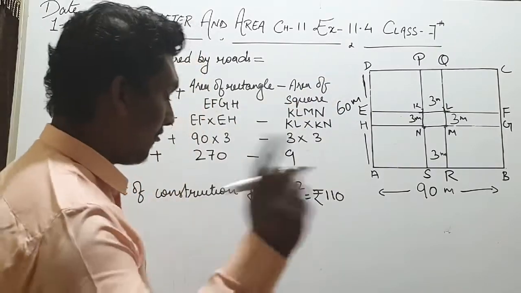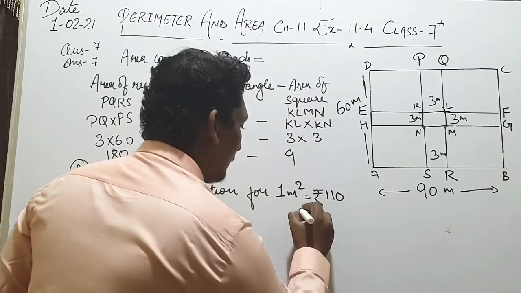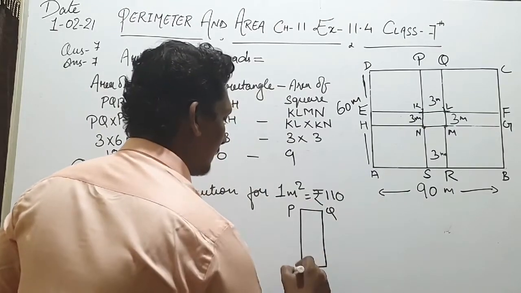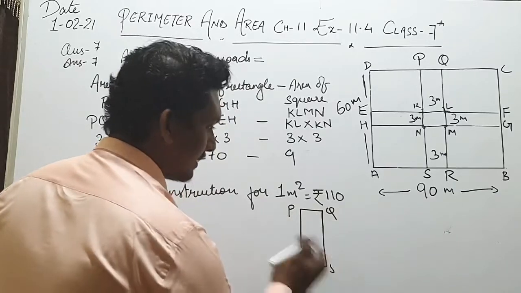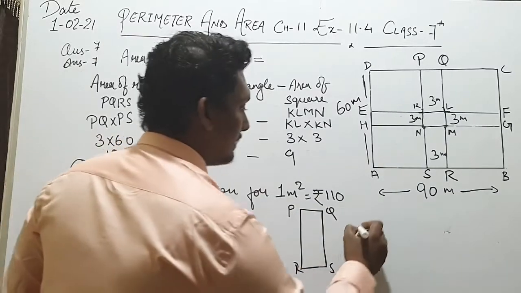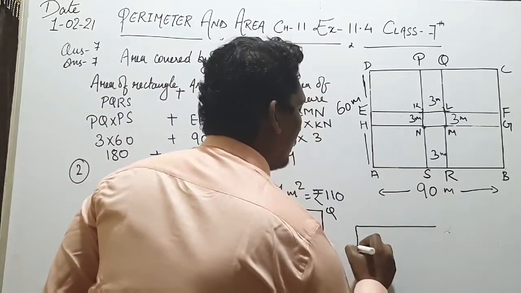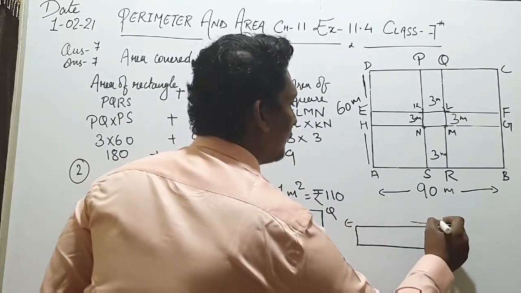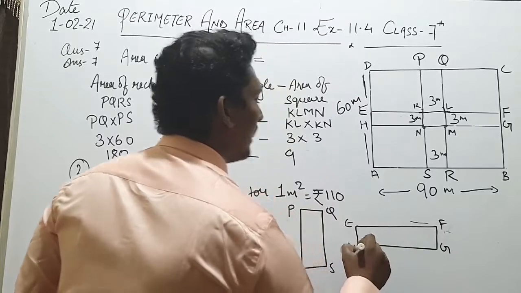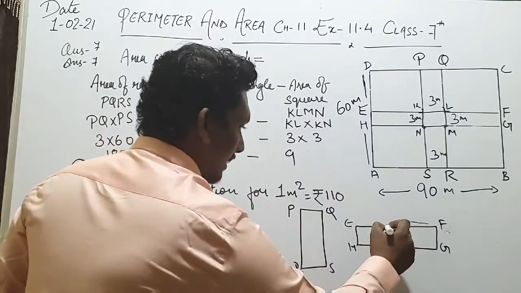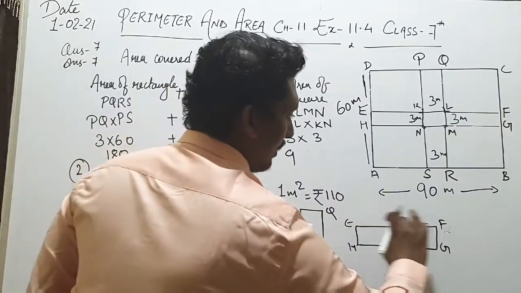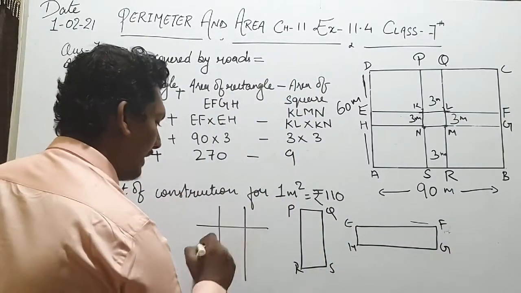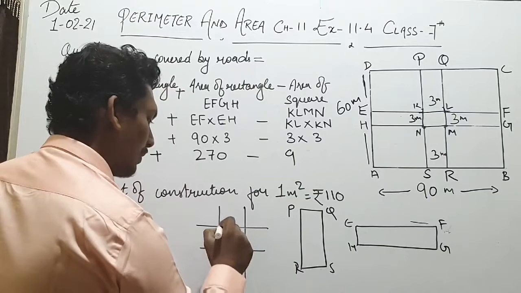So once again, we want the area of rectangle PQRS like this, only the area of this rectangle, right? And in the same way we want the area of rectangle EFGH like this. But this cross road makes this square.